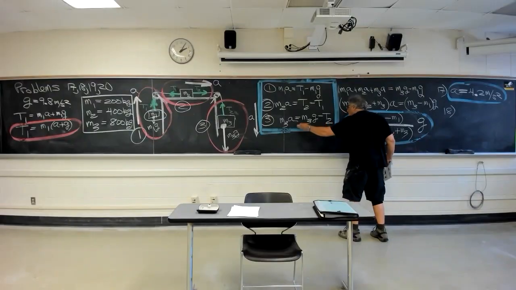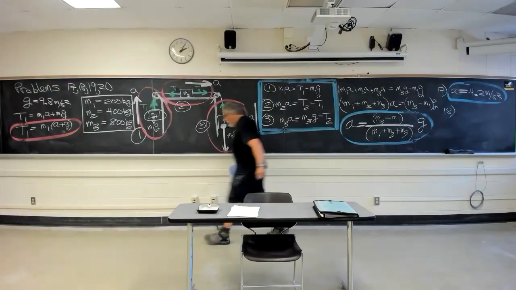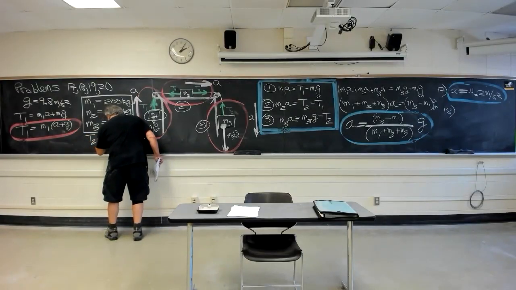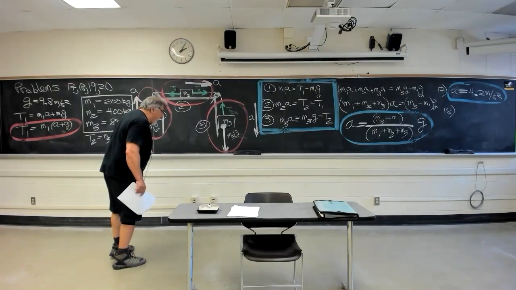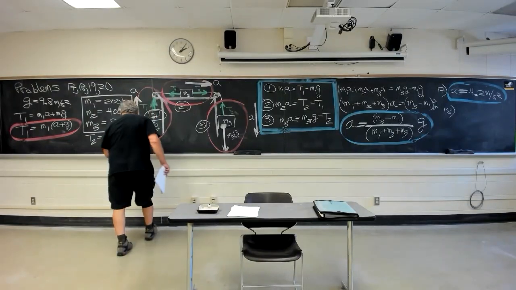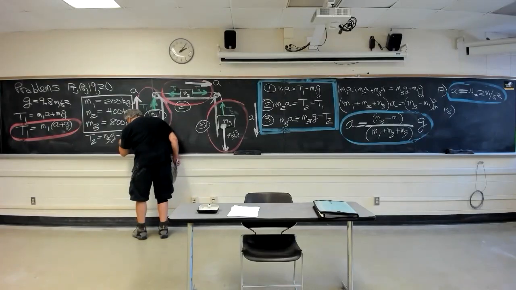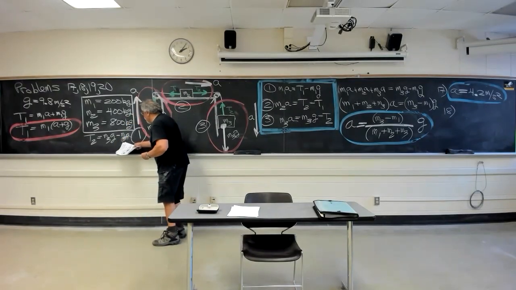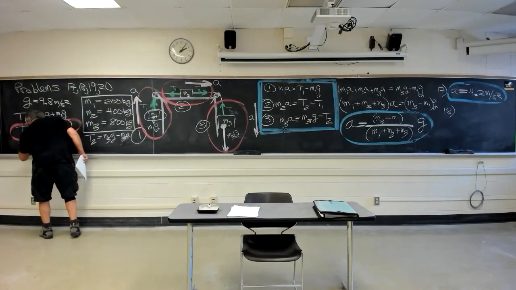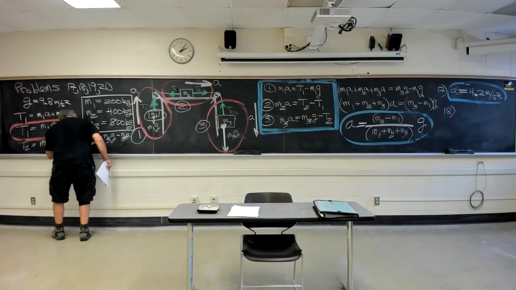You get M3G minus M3A equals T2. Let me pull out an M3 on each side.